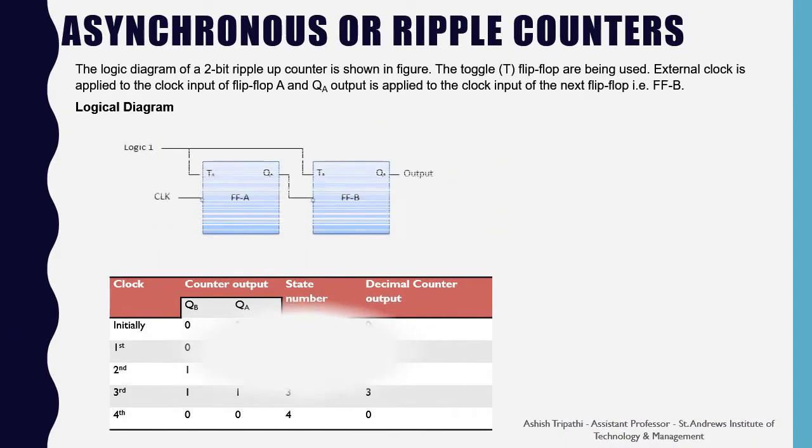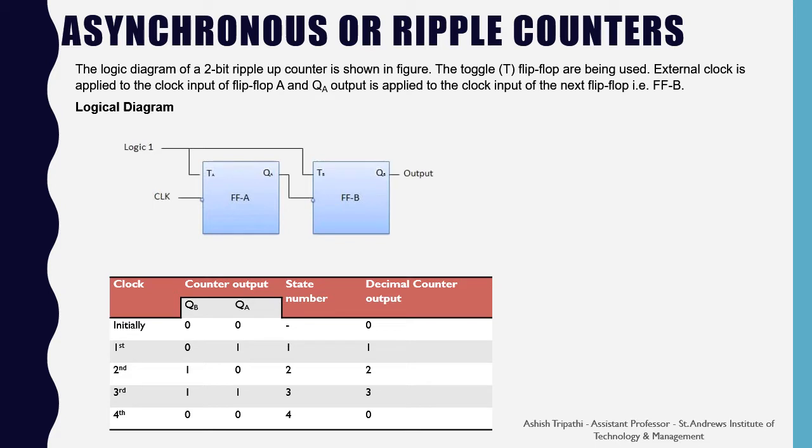So here we are going to study the asynchronous or the ripple counter. Here is a logic diagram for a 2-bit ripple counter. The toggle T flip-flops are being used here. External clock is applied to the clock input of flip-flop A, and the QA, which is the output from this flip-flop, is applied as the clock input for the second flip-flop, that is flip-flop B. So in this way you can see how the ripple counters work.